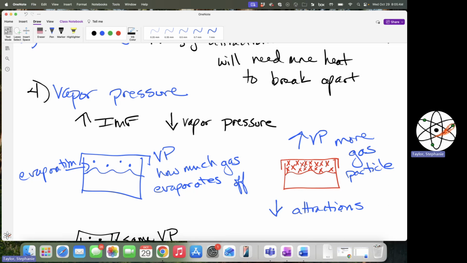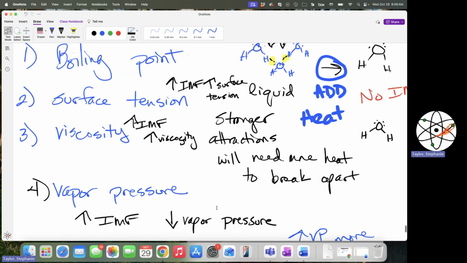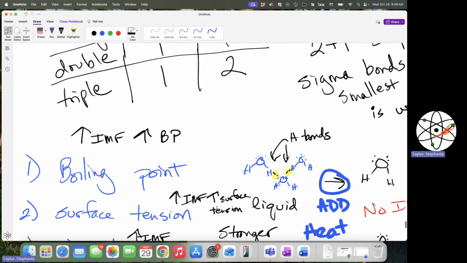Again thinking about magnets: how many magnets can a little child who's not very strong pull off of the refrigerator? The weaker the magnets, the more they can pull off. So hopefully that helps with vapor pressure, boiling point, and intermolecular forces.